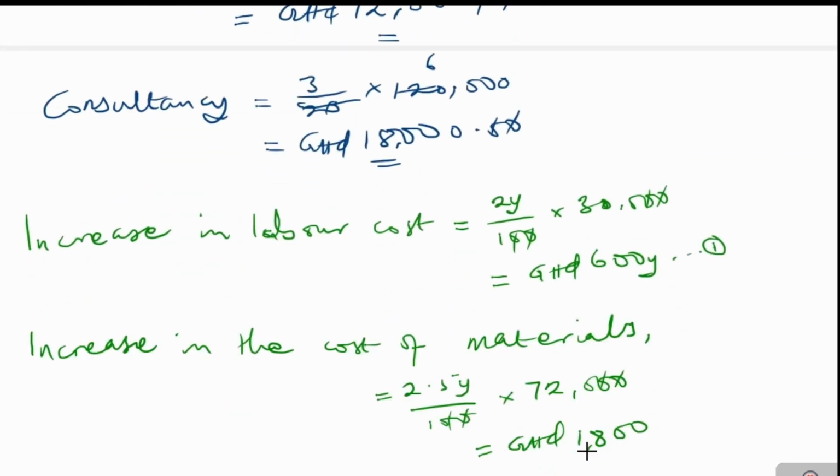So again, we just did like we did for increase in labor. We take 2.5y%, which is the same as 2.5y over 100, then times the cost of material. That will give us the actual increase, not in percentages, and that is 1,800y. And we made that equation 2 because that is inconclusive. We'll get back to it.